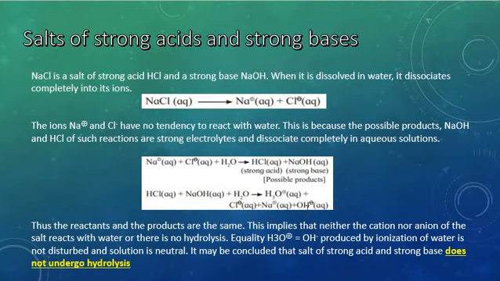So the solution will remain neutral. So we can conclude that the salt of strong acid and strong base does not undergo hydrolysis, its pH value remains 7 and the nature of solution will remain neutral.